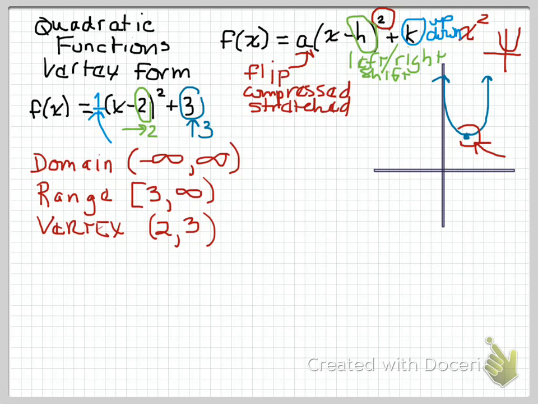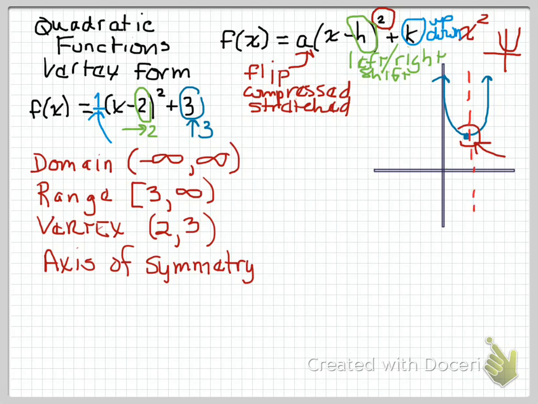One more piece of information that we often would like to gather is called the axis of symmetry. And if you can imagine, just visualize the axis of symmetry is a vertical line that goes through your center point. So let me put in a dotted line here. So this would be the axis of symmetry.